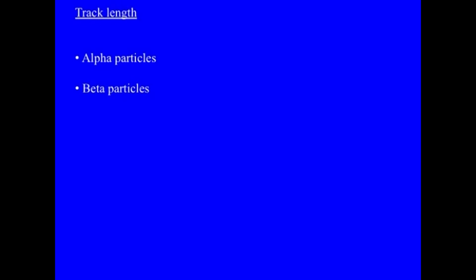Now, first, when we are talking about the exposure of a photographic film, when these emitted particles expose it, there are certain factors to be considered. One is the track length of various emitted particles.